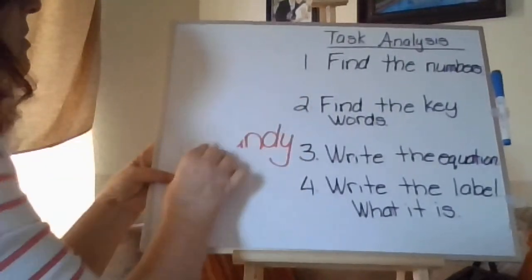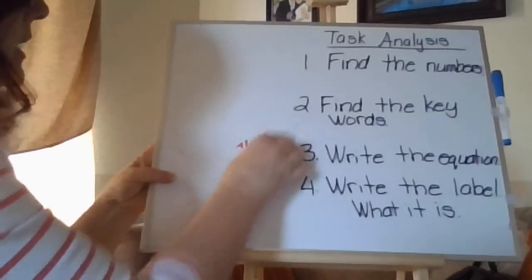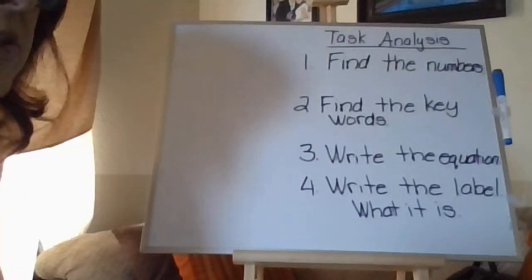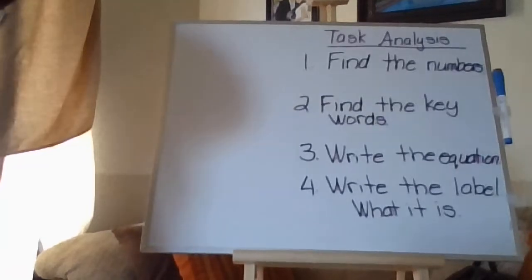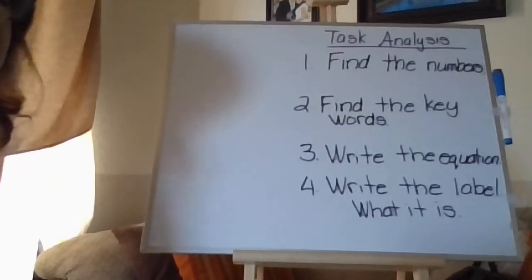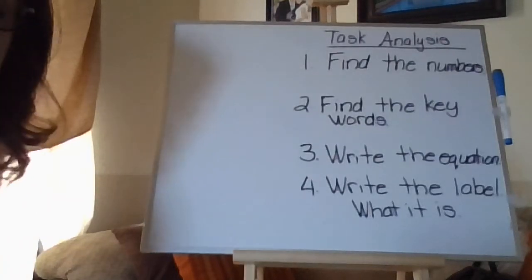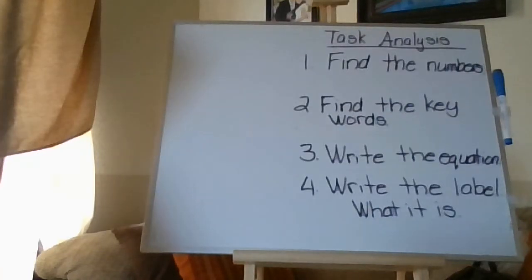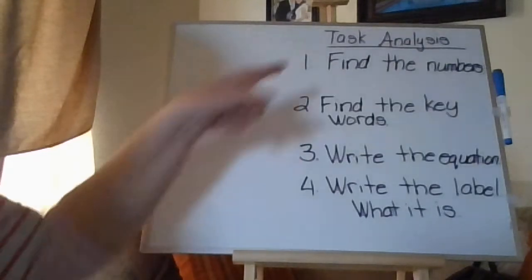And we're going to do one more together. So get your pencil and paper ready. So the next one is Jaden has 86 cars. He gave 12 to his friend. How many cars does he have left? Okay, so find the numbers.